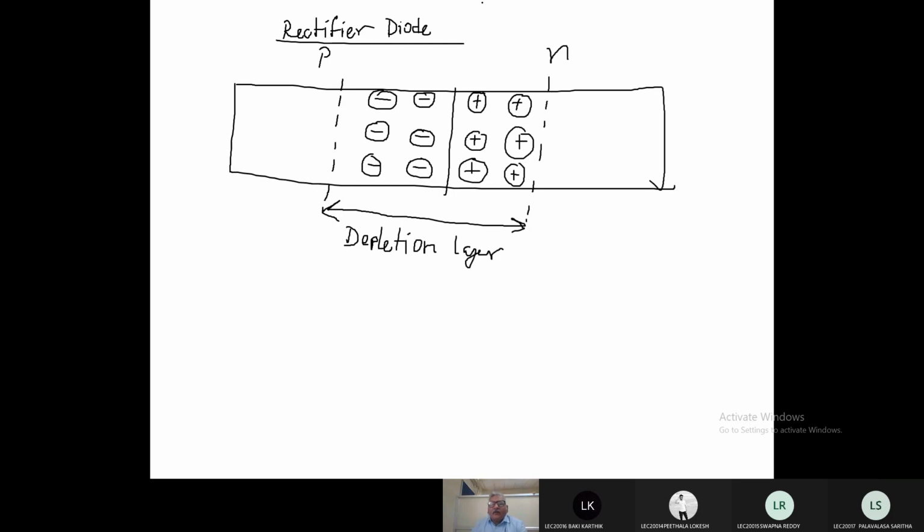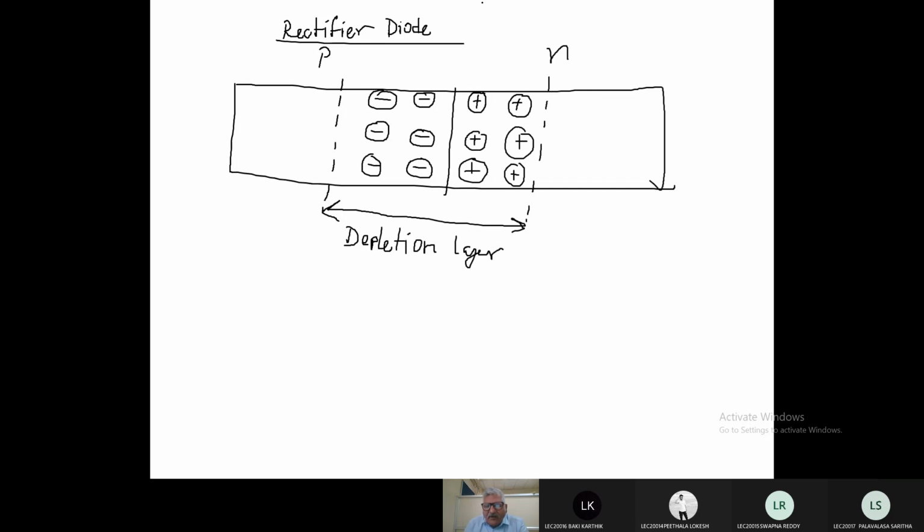In the same way, on the P side we have a trivalent impurity having 3 electrons in the outermost shell. These 3 electrons form covalent bonds with 3 neighboring atoms, but there is a vacancy for a fourth electron to complete the bond.